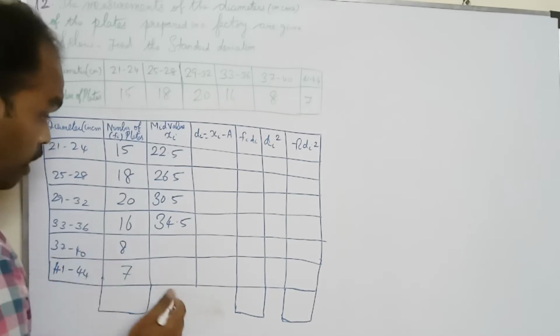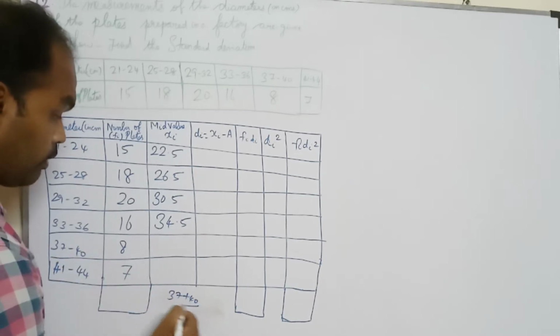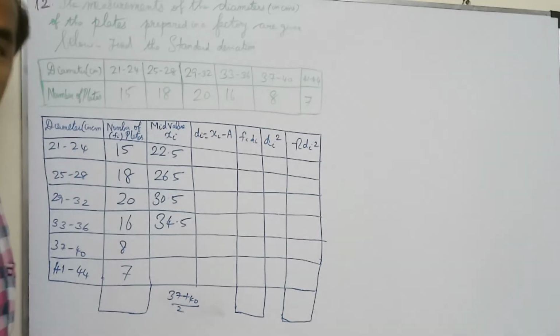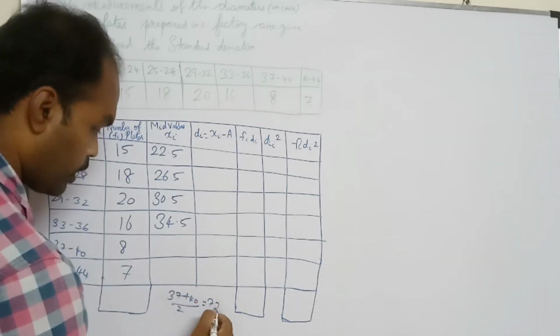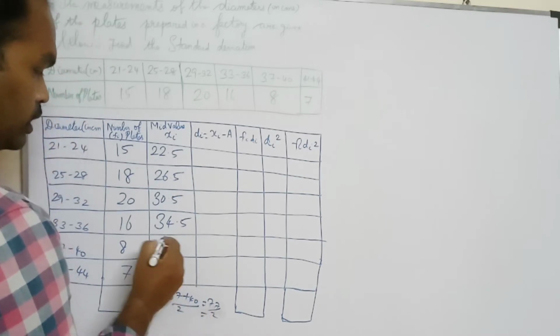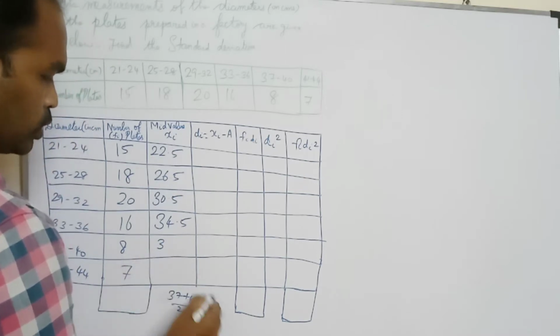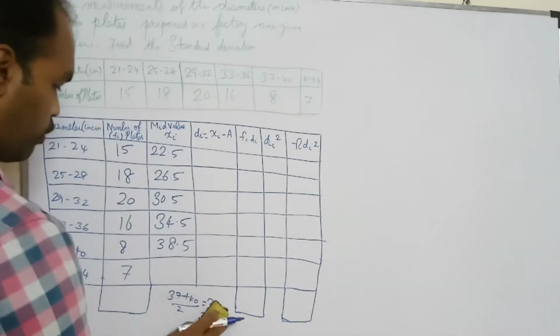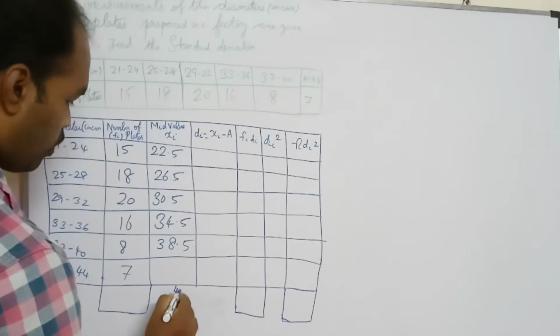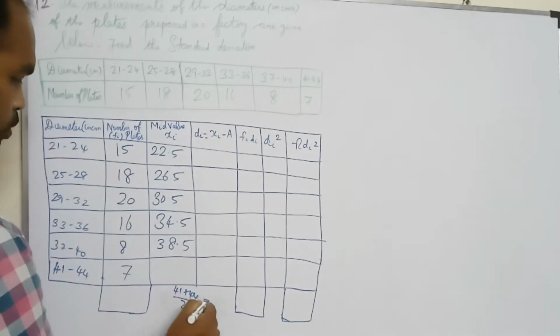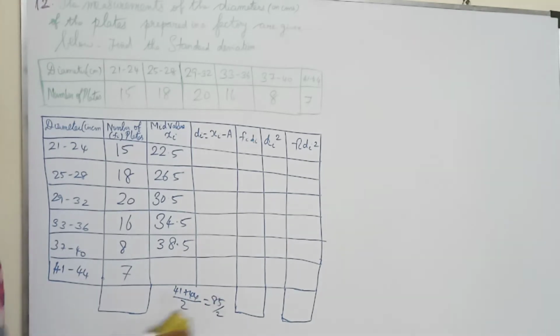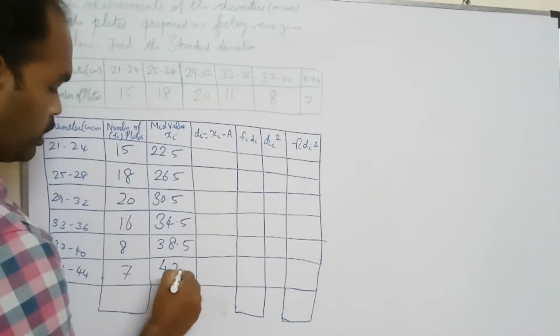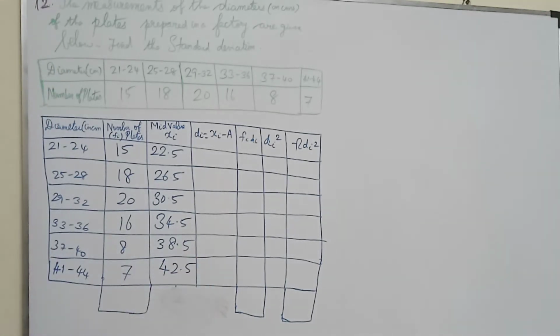Next, 37 and 40: 37 plus 40 is 77, and 77 by 2 is 38.5. Then 41 plus 44 is 85, and 85 by 2 is 42.5. So these are the xi values which we have found.